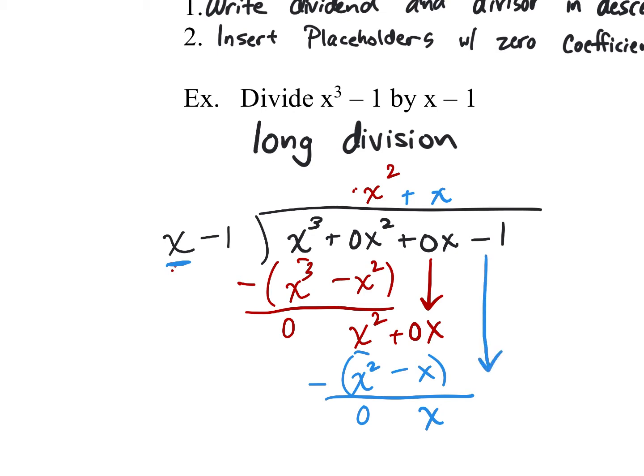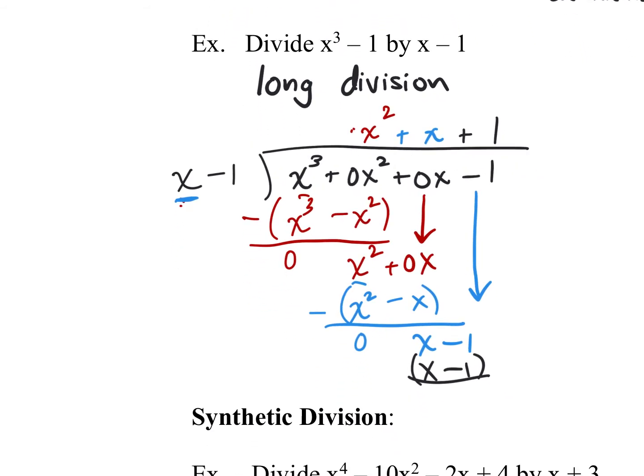We bring the next term down and go through the same process again. We can see that that's going to happen nice and clean. X goes into x positive 1 times. We multiply and get x minus 1. When we subtract, we get a remainder of 0. What we have on the top of our long division bar here is the quotient. That is the result of our long division.